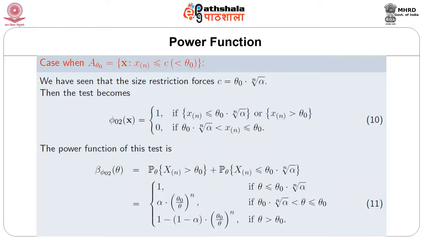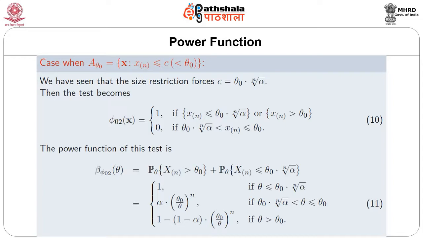Now, what about this test where A theta naught is the maximum of x1, x2, ..., xn less than or equal to c? We have seen the size restriction forces c to be theta naught alpha to the power 1 by n.